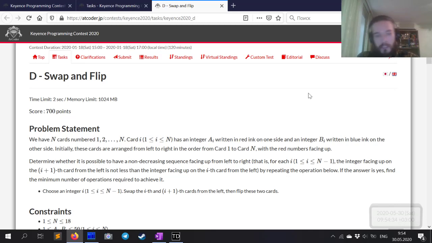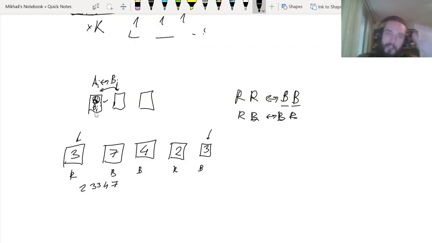So what we can notice is, for each card, let's say we have a card I, let's swap it with card I+1. So initially this card is red, for example, or it's now red. Okay, so we swap it with I plus 1.